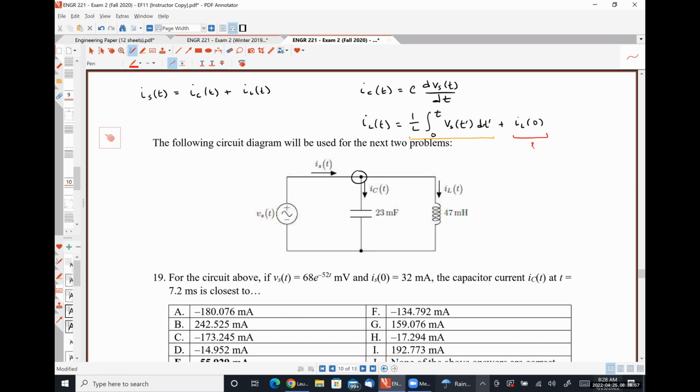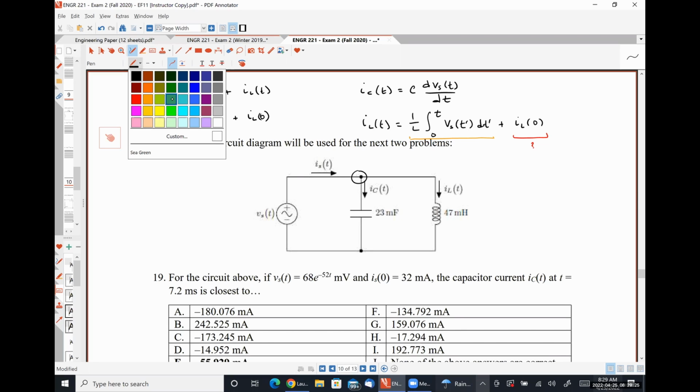So circling back around to our original relationship that I wrote, my KCL equation, IS of 0 is equal to IC of 0 plus IL of 0. Because Kirchhoff's current law has to be true for all points in time, okay?